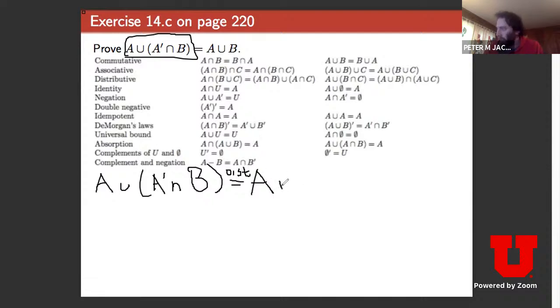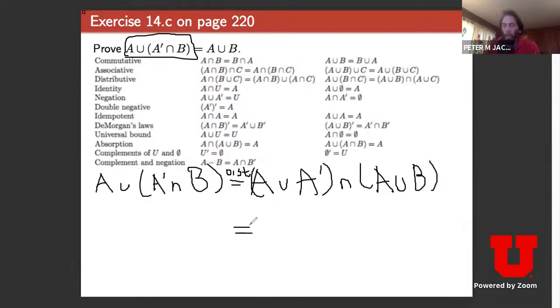And that's going to give us A union A prime intersected with A union B. All right. Does anybody want to tell me what they did next? Negation. Okay, so negation is right here.